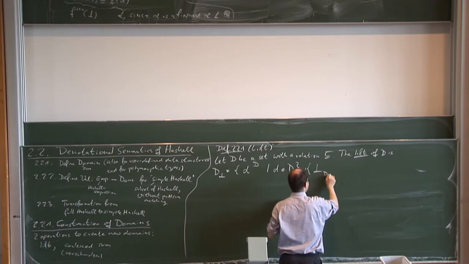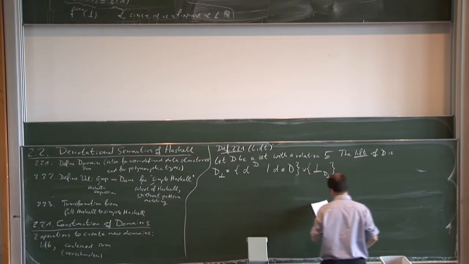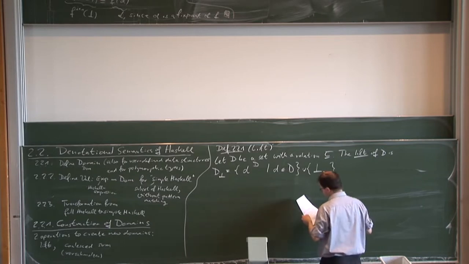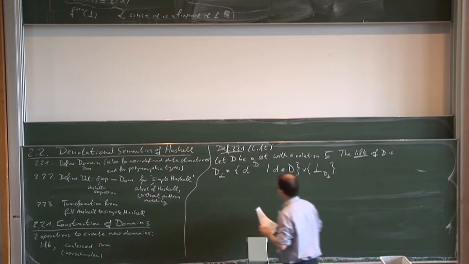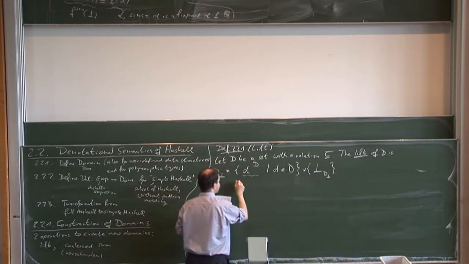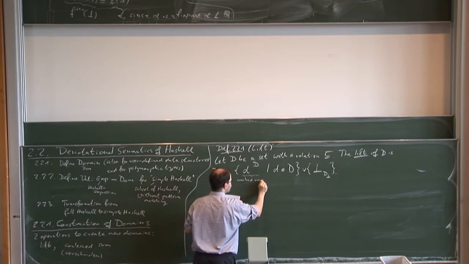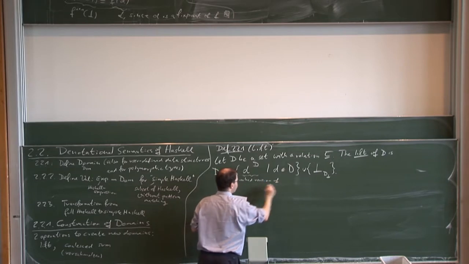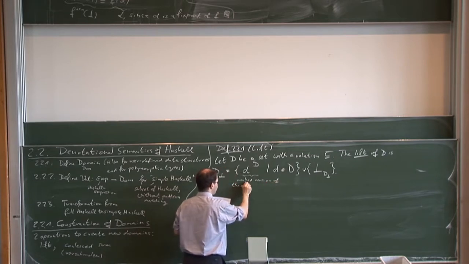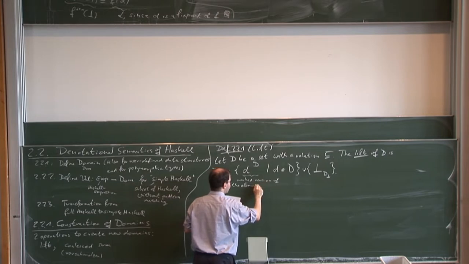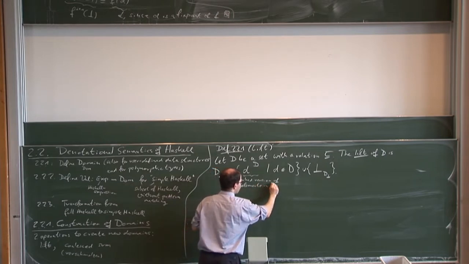So this is a new element bottom of D bottom. So this basically is a marked version of the elements from D.